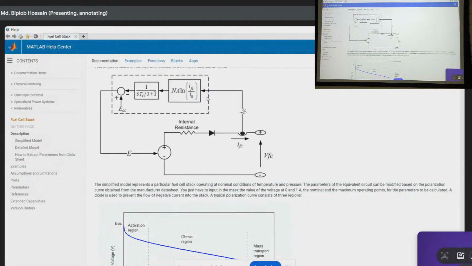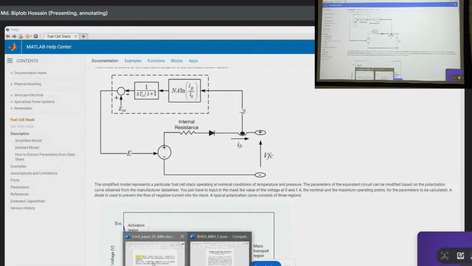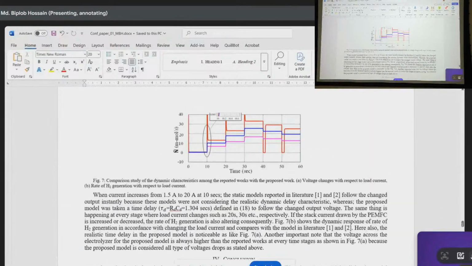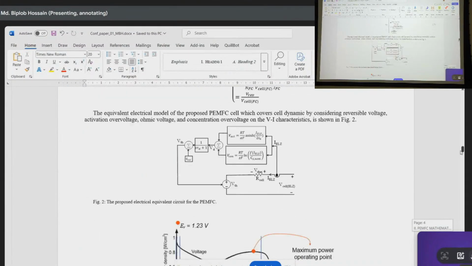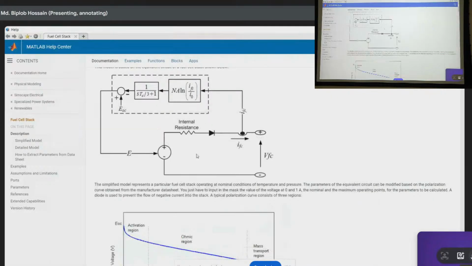There is no parallel connection in this presentation. In this one, you see there are two sections connected in parallel. One is for activation voltage drop, another one is for concentration voltage drop. But in the MATLAB built-in one, there is no concentration voltage drop.